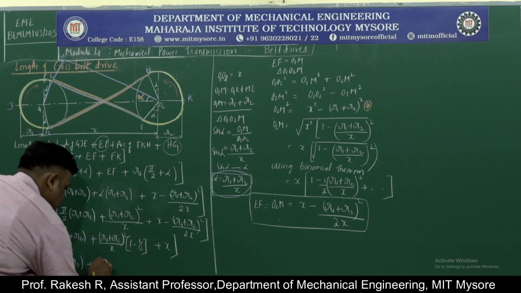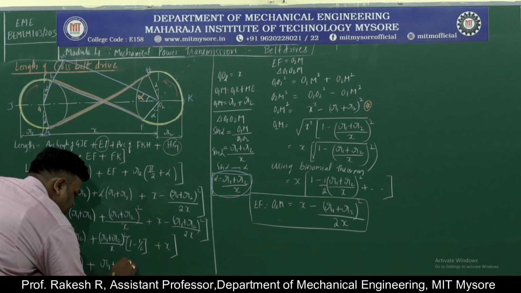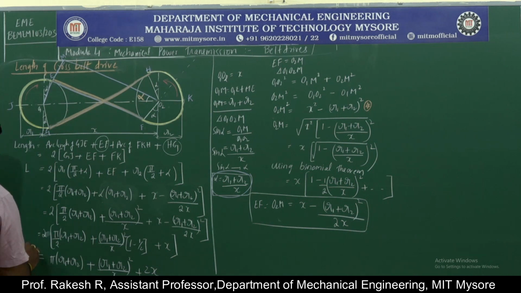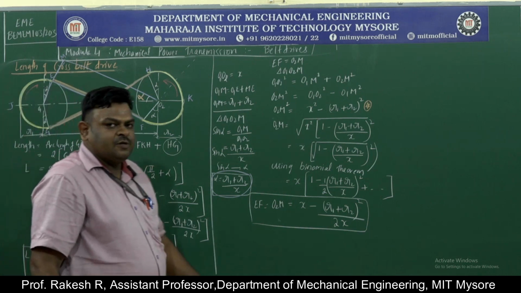So 2 will get cancelled. (R1 plus R2) whole square by x plus 2x. So this is an equation for length of cross belt drive.